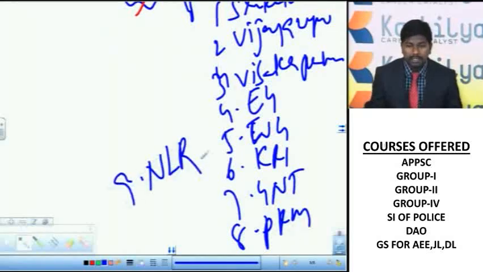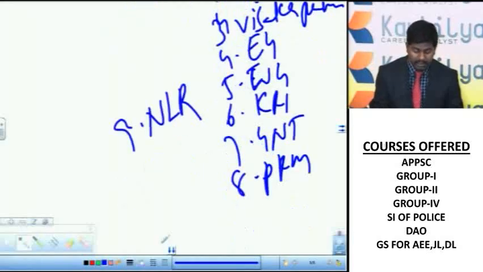So these are the 9 coastal districts, and apart from these there are 4 districts which are part of the Rayalaseema region.